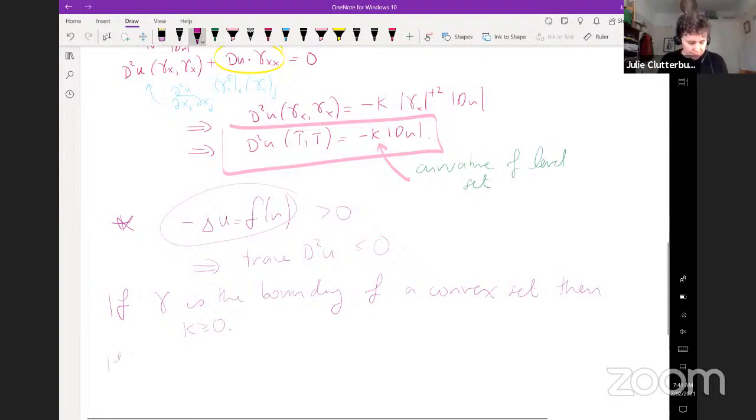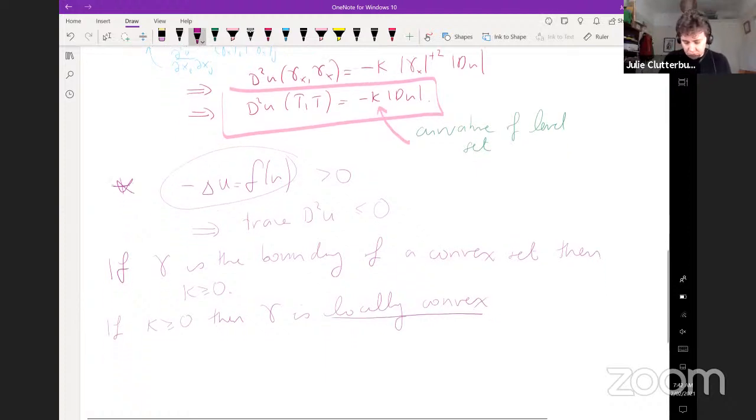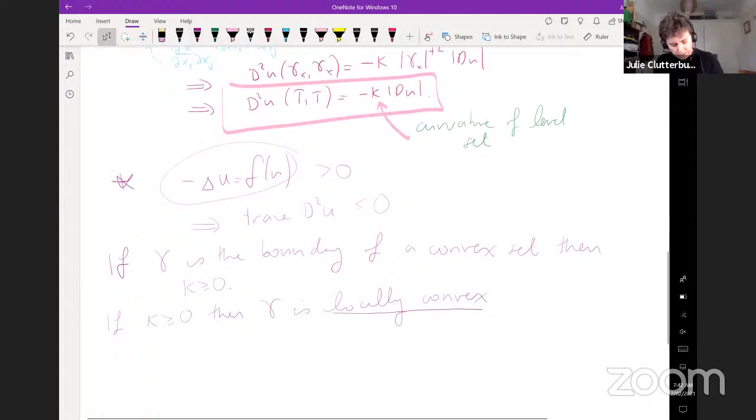If kappa is positive, then we say gamma is locally convex. But this doesn't imply that it's the boundary of a convex set, because we have curves that might look like this, which are locally convex, but they're not the boundary of a convex set. Good.